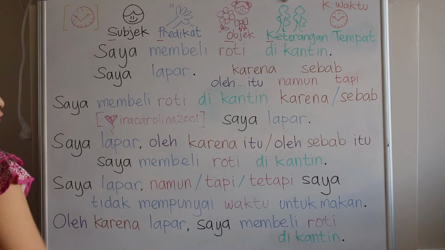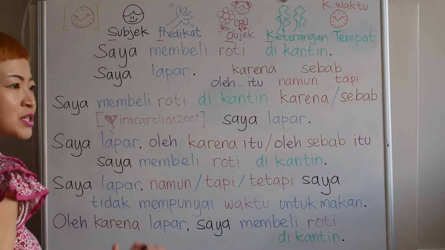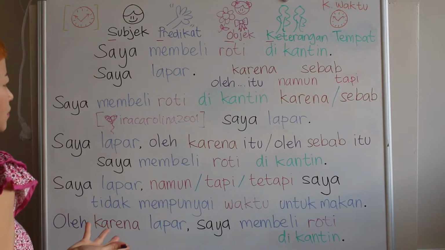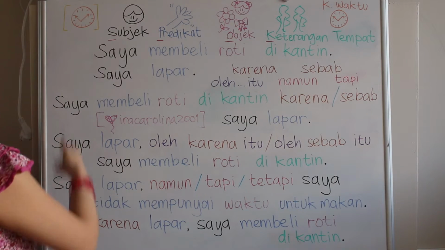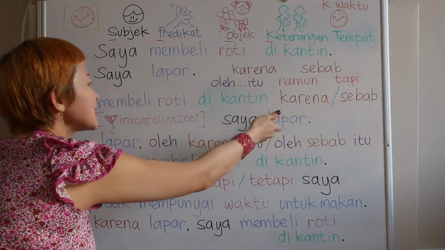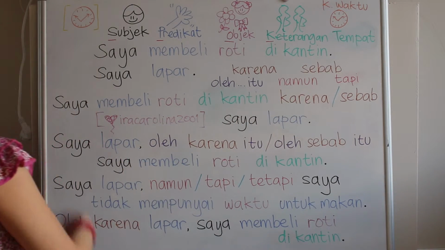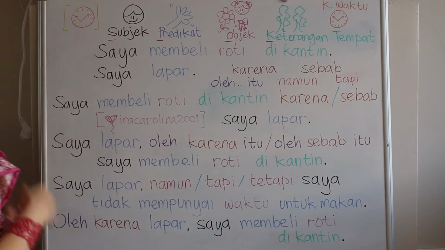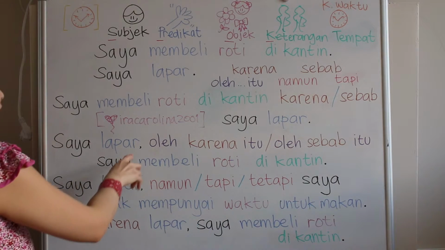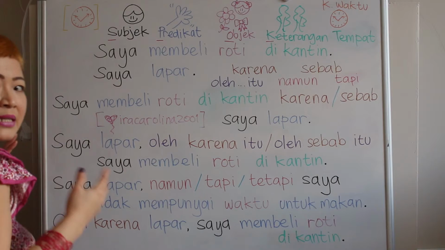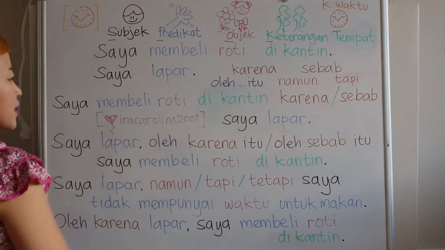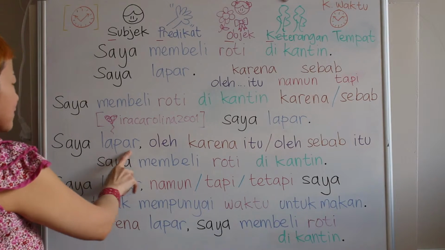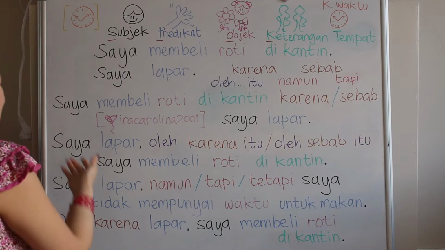And in this case, you have to put a comma here, because when you say it with the first sentence, you don't pause at all. I will say it quickly: Saya membeli roti di kantin karena saya lapar. Saya membeli roti di kantin sebab saya lapar. So there's no pause, but here you put a comma because after you say it, there's a bit of a pause before the next word. Saya lapar, comma, I'm hungry. Saya lapar.